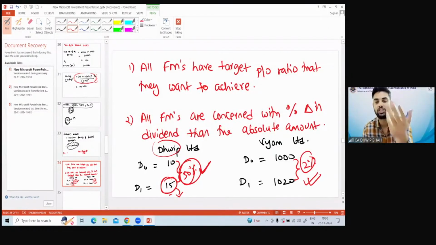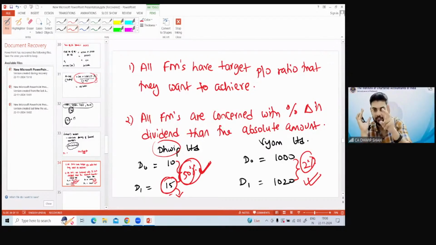Let's suppose next year I'm not able to achieve this growth. Then investors will not be happy with my company because they have a preset expectation that the company is giving 50% every year. So next year also the company will give us 50%, but it may not actually happen. Are you following? So they are concerned with percentage change in dividend.